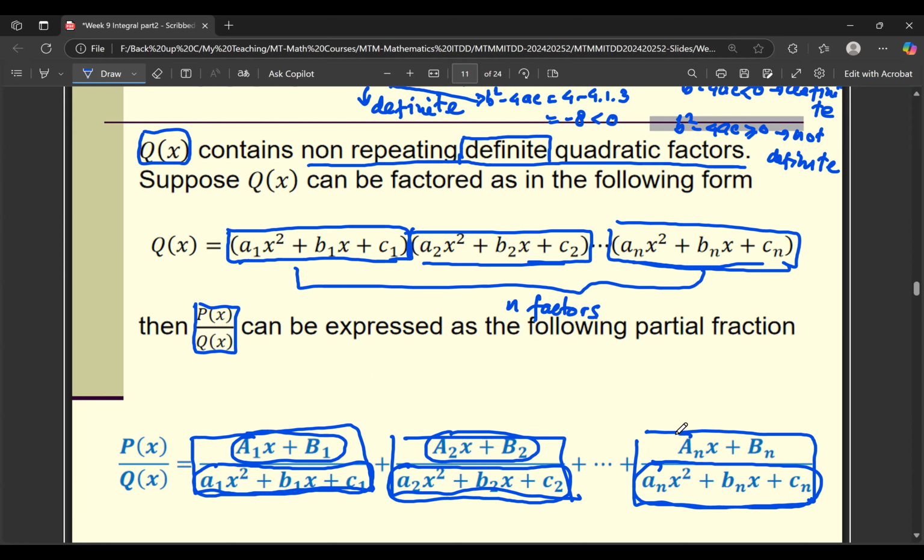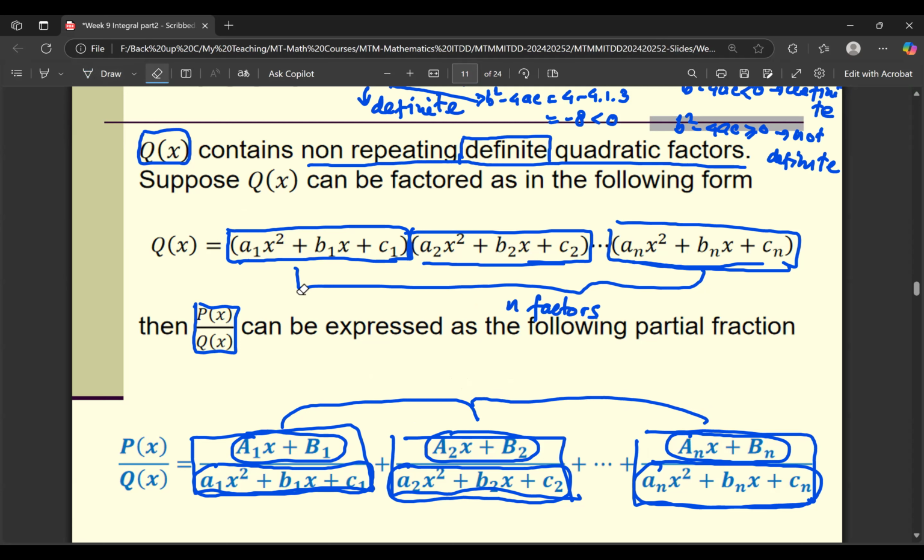So case 3 is different from case 1 and case 2. In this case, the numerator will be linear, all of them are linear, so we must find them.